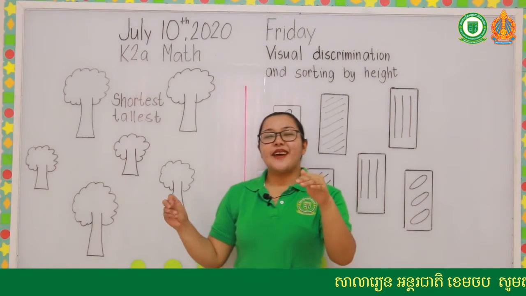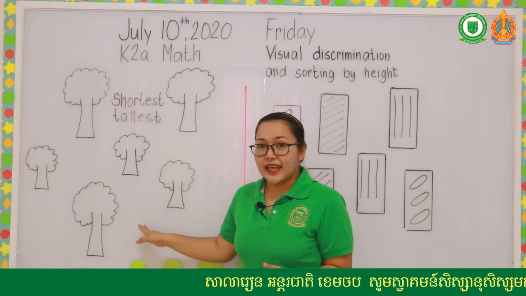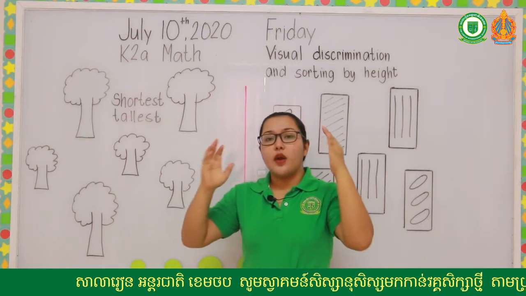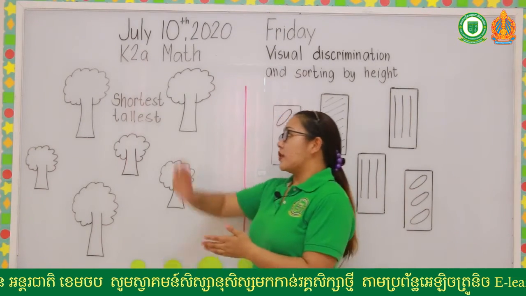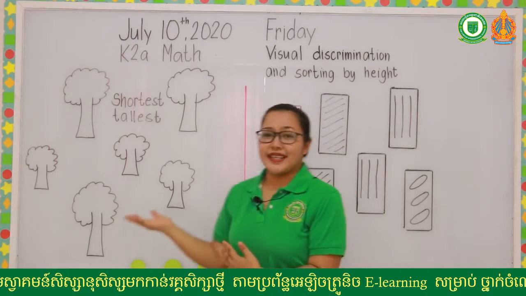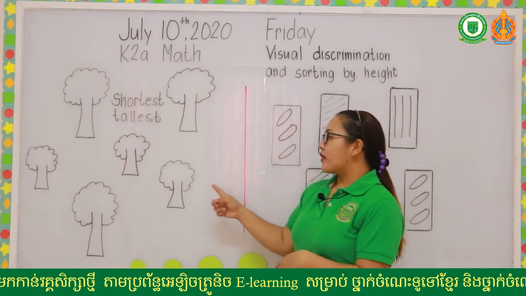Don't worry, I will explain to you more using visuals, because it would be easier for you to understand what shortest is and what tallest is. Look at the picture. I have here trees, kids.